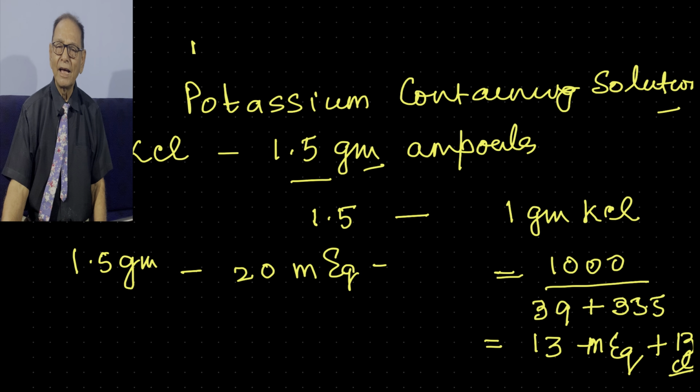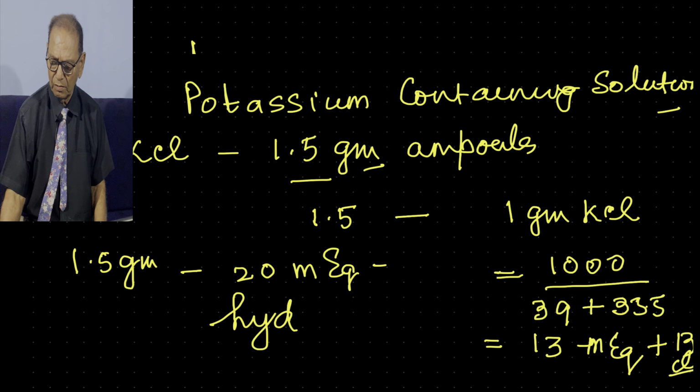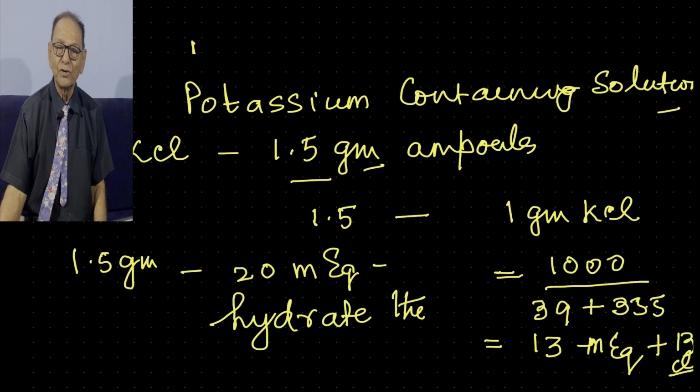Now, potassium has certain rules for infusion. The patient must not be anuric or oliguric. Patient must be fully hydrated. Hydrate the patient and then only give potassium. The only way to know the hydration is that the patient will have good or normal urinary output.